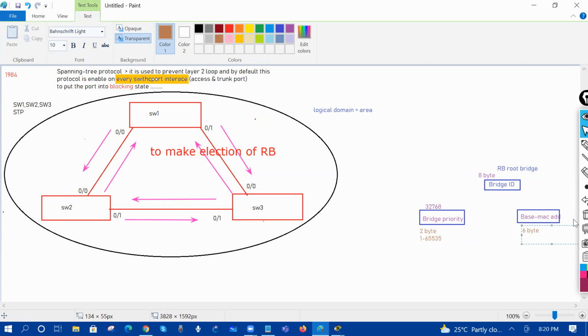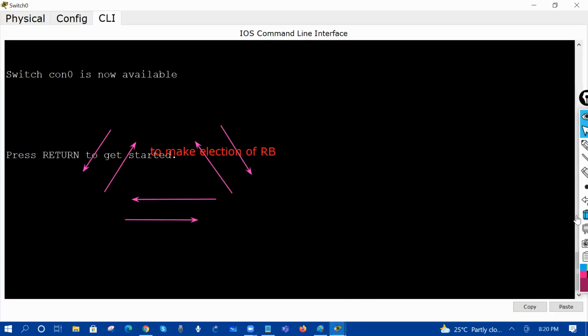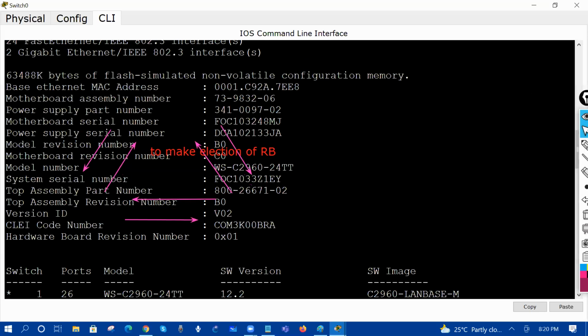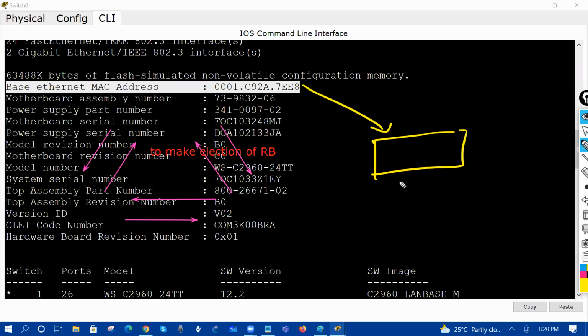I'm talking about the base MAC address, not the interface MAC address, guys. The base MAC address represents the entire switch. You have a switch with its base MAC address, and at the same time you have interfaces 0/0, 0/2 and 0/3, each with a separate MAC.